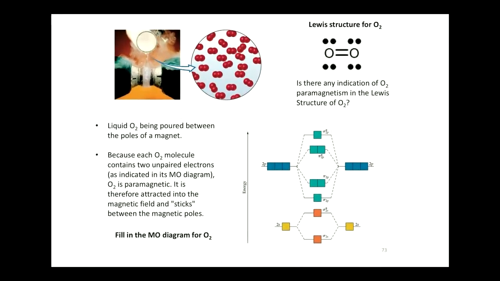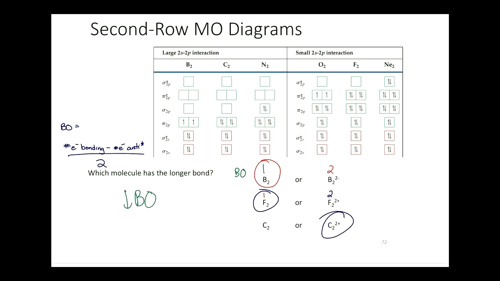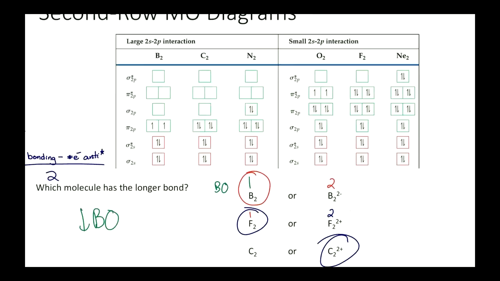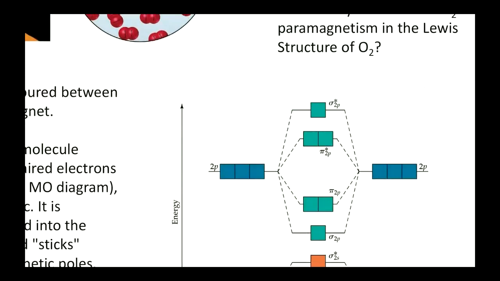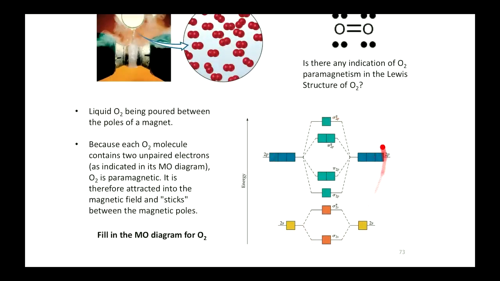I just wanted to take a deeper look at the MO diagram for oxygen. Let's draw the MO diagram for oxygen, doing it from scratch. So here's the ordering for diatomic oxygen. How many valence electrons does each oxygen atom have? 6.